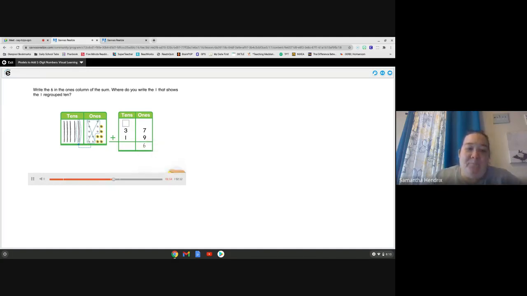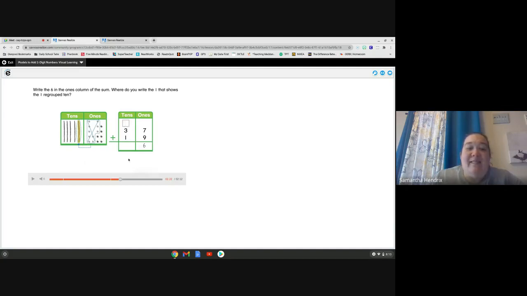Write the 6 in the ones column of the sum. Where do you write the 1 that shows the 1 regrouped 10? So we're going to write the 1 that we regrouped right up here because we added it in.